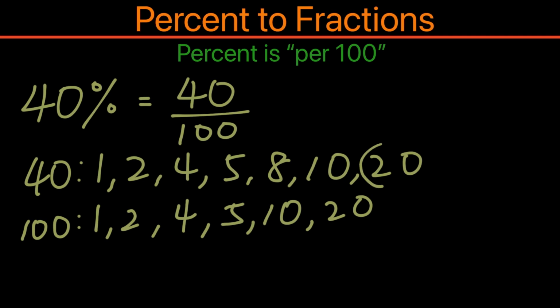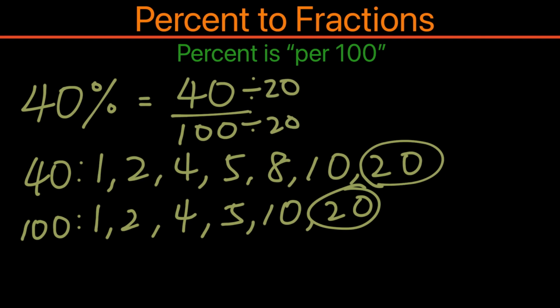So the greatest common factor in this case is 20. So that means that we could divide by 20, and that will give us 2 over 5. So that means 40% is equivalent to 2 over 5.